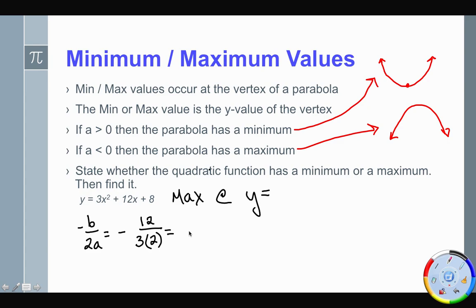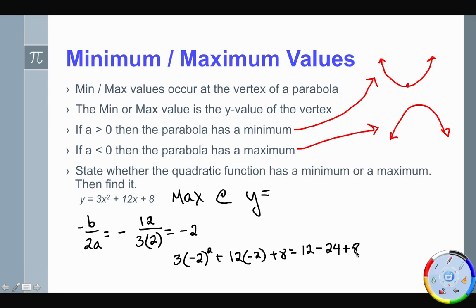So 12 divided by 6 is 2, so it's negative 2. And since we're looking for the y value, we need to plug in negative 2. So we get 3 times negative 2 squared plus 12 times negative 2 plus 8, which is going to equal: negative 2 squared is 4. 3 times 4 is 12. 12 times negative 2 is negative 24, plus 8.